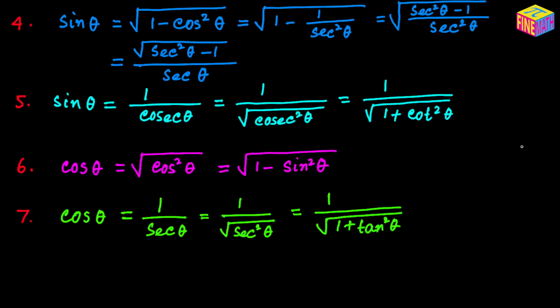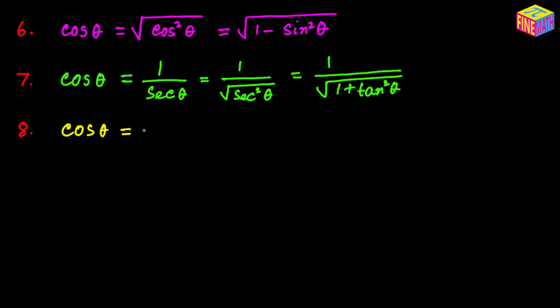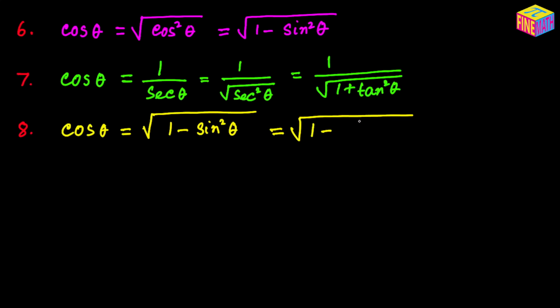Now let's try to convert cosine theta into cosecant theta. We can easily use the Pythagorean identity, which is square root of 1 minus sine square theta, and then in place of sine square theta I am going to write 1 over cosecant square theta. So this will be 1 minus 1 over cosecant square theta, and that would give us square root of cosecant square theta minus 1 divided by cosecant square theta, right?